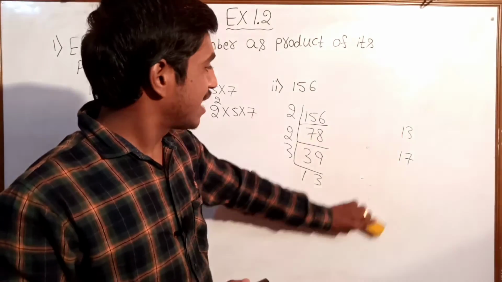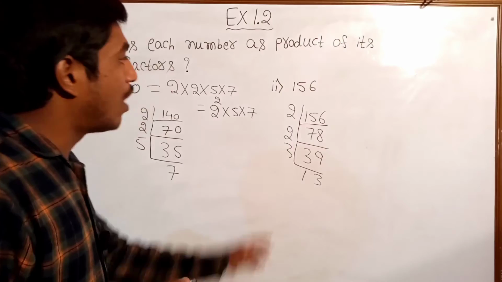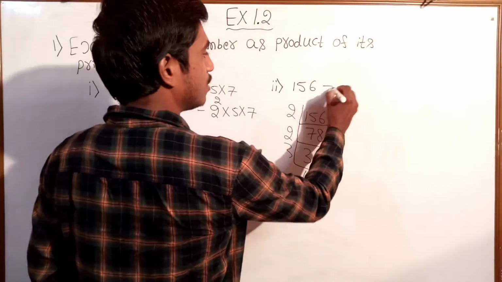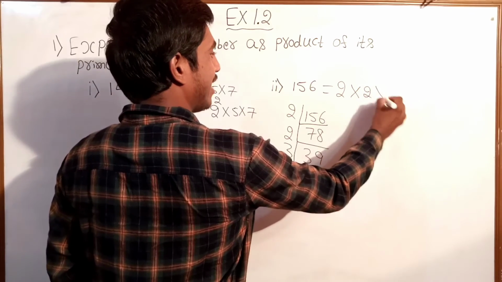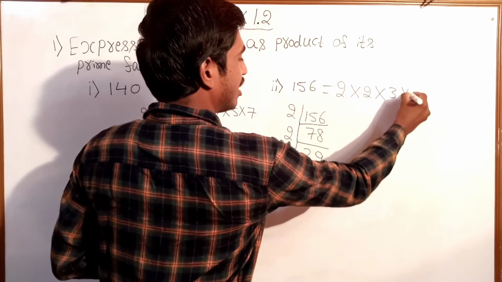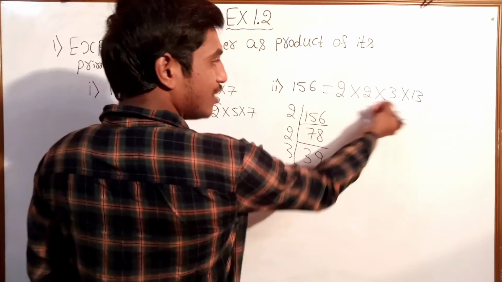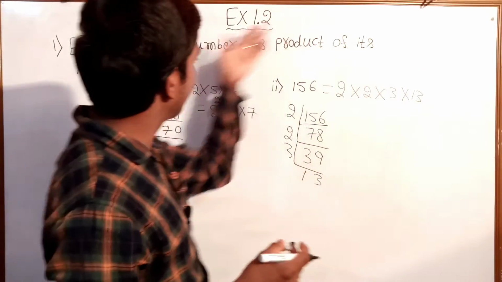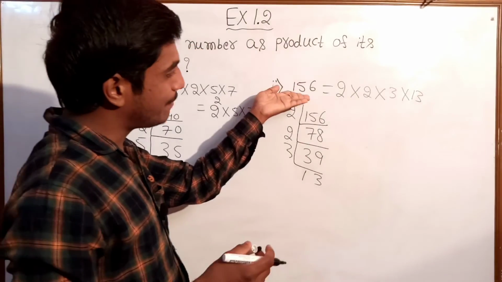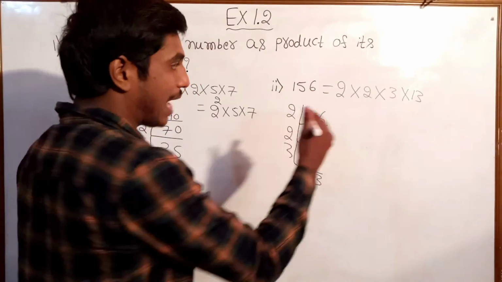So we can write 156 as 2 multiplied by 2 into 3 into 13. Here 2 is a prime number, 3 is a prime number, 13 is a prime number. So we have expressed the given number as a product of prime factors.